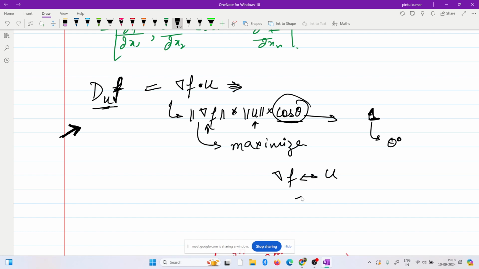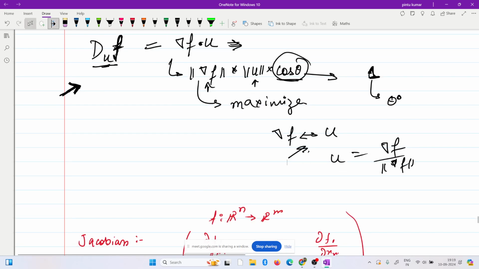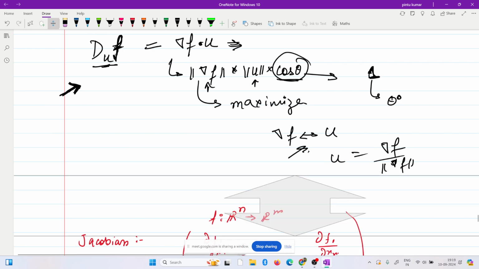What does that mean? I want my u to be gradient of f divided by norm of gradient of f. I just want this direction only. So if you move in the direction of gradient, your function increases by maximum.